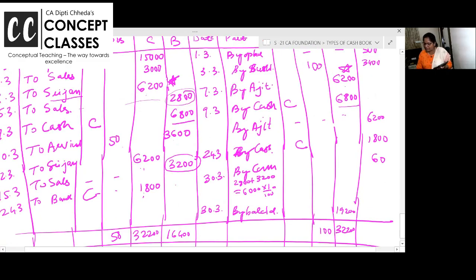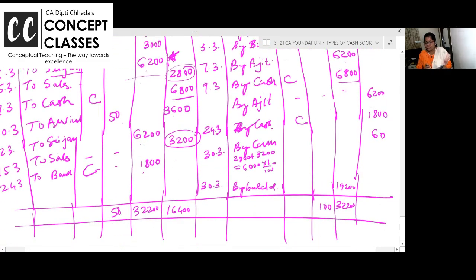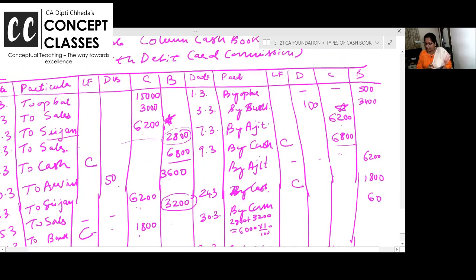What new you have learned in this problem is commission. 16,400 minus 500 minus 3,400 minus 6,200 minus 1,800 minus 60.